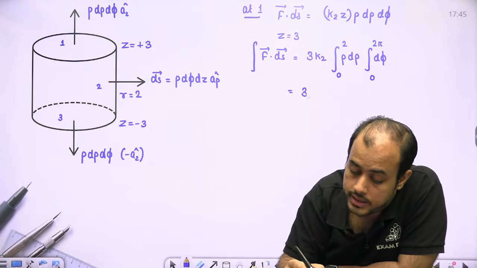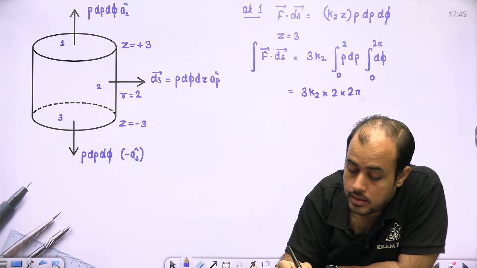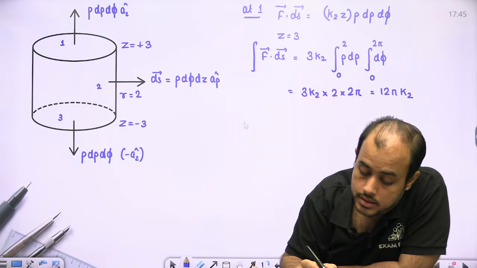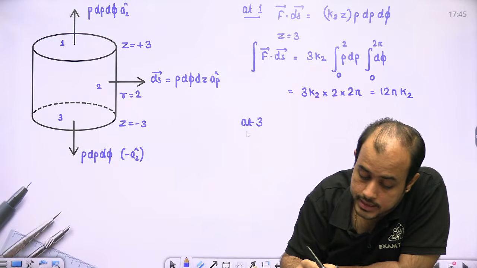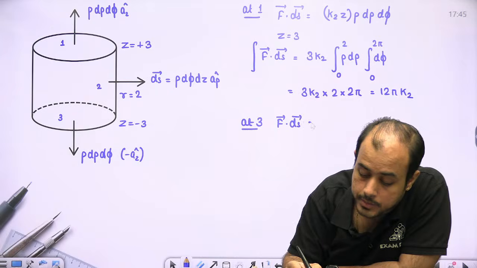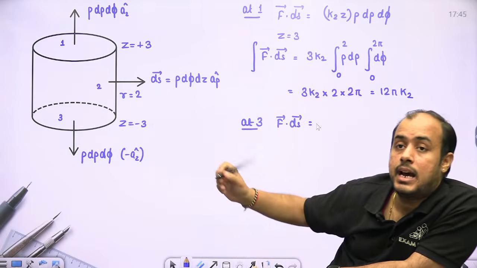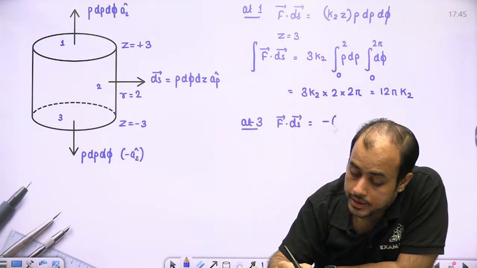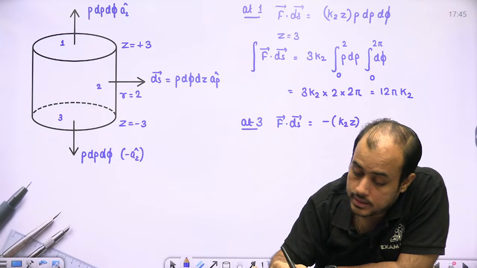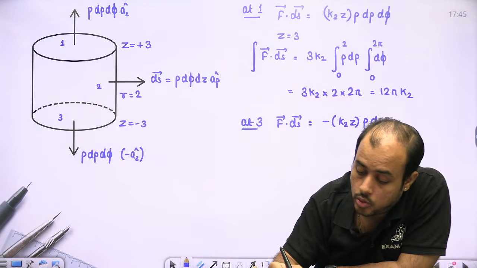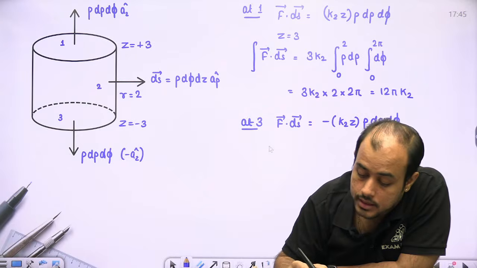So rho square by 2, 2 pi, 12 pi k2. Now for the bottom, the direction is minus a Z cap. So the dot product will be minus k2 Z rho d rho d phi.